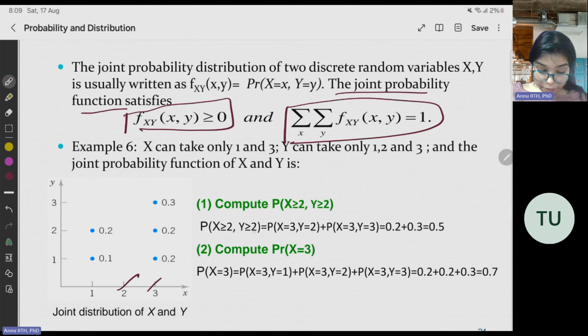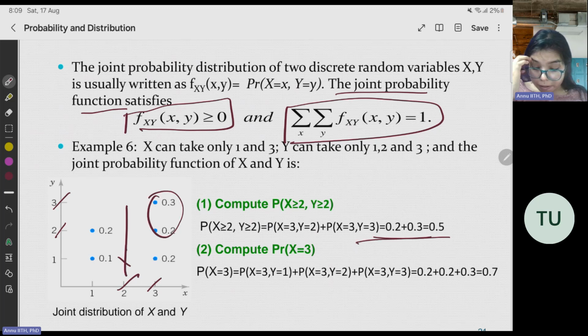Where y is greater than or equal to 2, it can be 2 or 3. So all possible values that are coming, we can add. Here there is no value, but here it is two values. So 0.3 plus 0.2 is 0.5. Similarly, p of x equals to 3. So x equals 3 is nothing but all the sum.